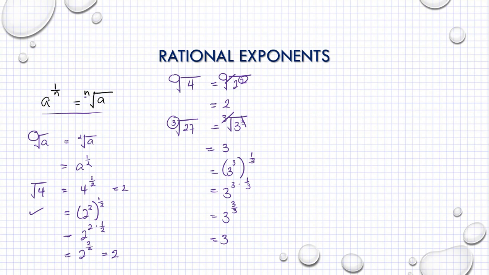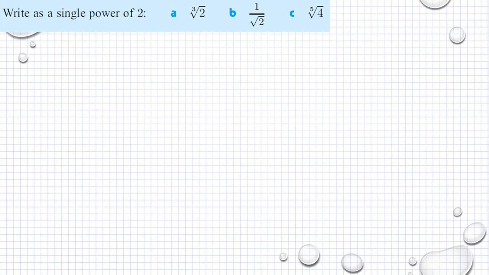Let's see some examples here. Write as a single power of 2. Then in A, we know that is 2 raised to 1/3 because it is the third root. Sorry, not power. Third root. That is 1/3.